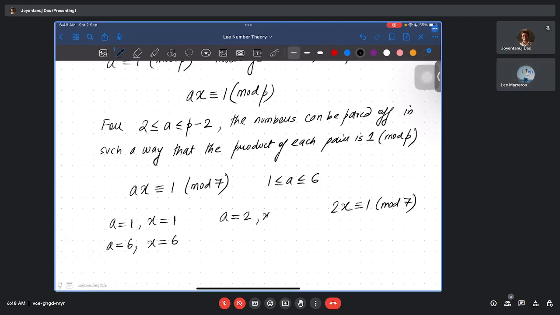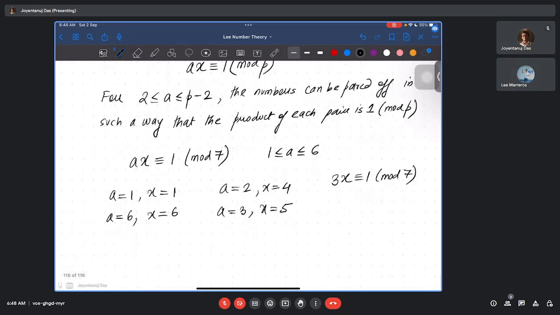And if a is 3, then 3x is 1 mod 7, so x equals 5.